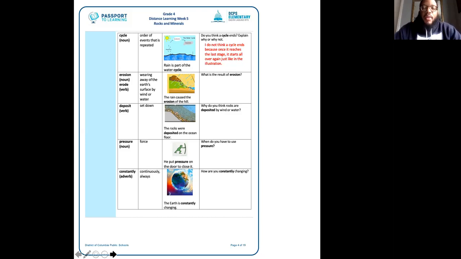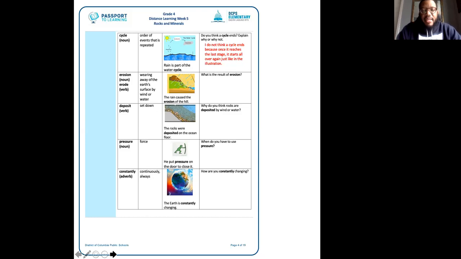All right. The picture in the third column looks like a beach, and you see that the rain is coming down. And then on that, I think that's a rock. You can see little pieces of the rock kind of floating away or tearing away from the rock.